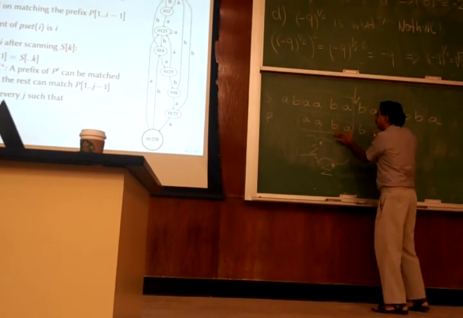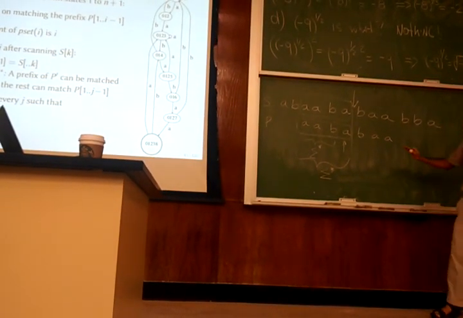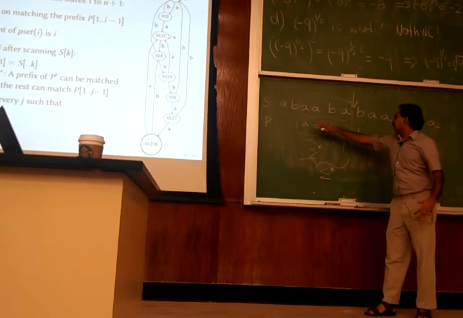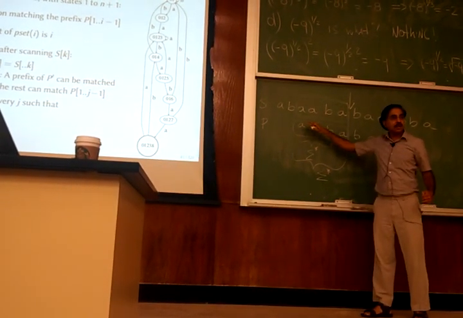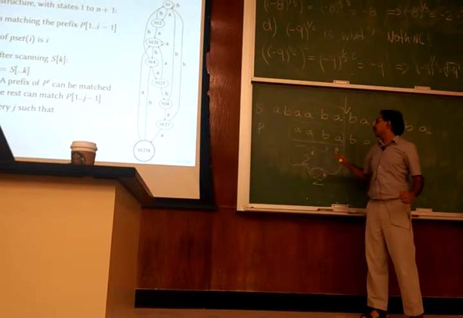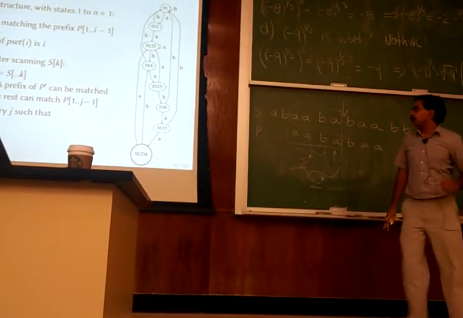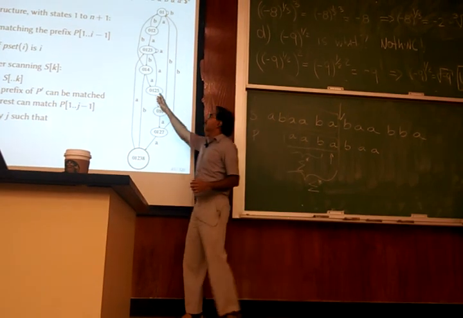So as a result, whenever there is a suffix of the pattern that we have seen so far that's also a prefix, then each of those prefix positions will also be included in this set.